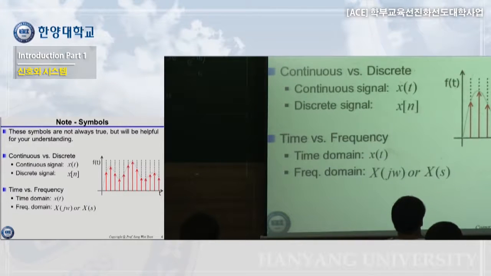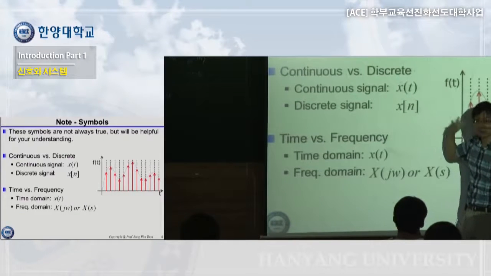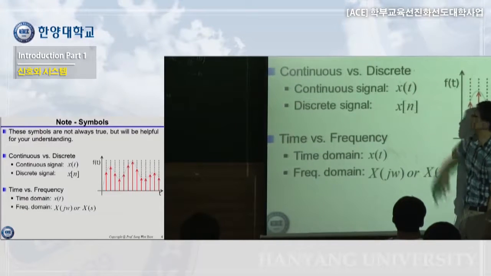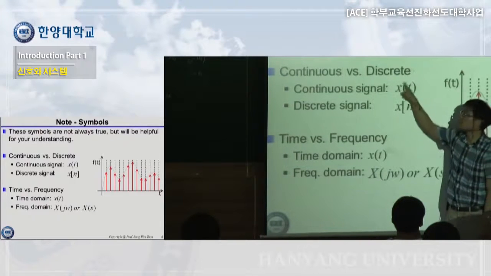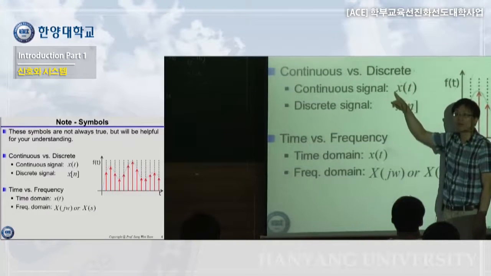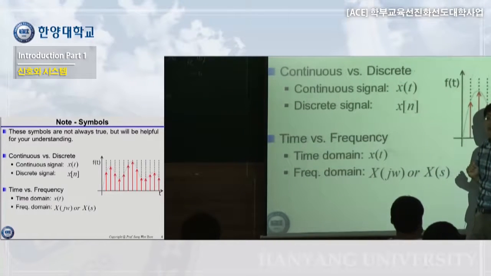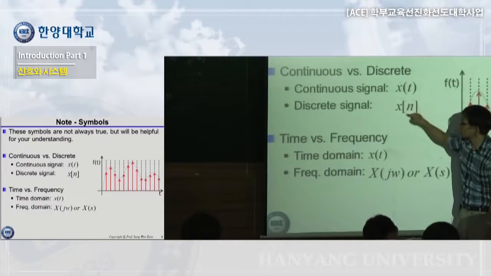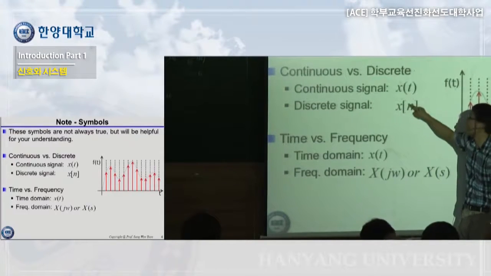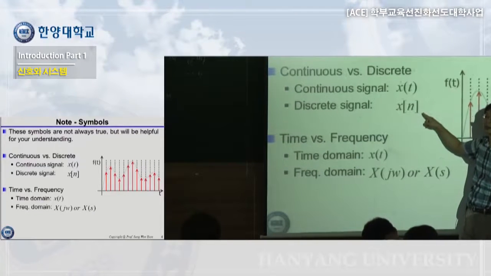That's a discrete signal. So if you see small x, round bracket, t, that's a continuous signal. If you see this in this lecture and this book, that's a continuous signal. If you see the same x but rectangular bracket with n, that's a discrete signal or sampled signal.